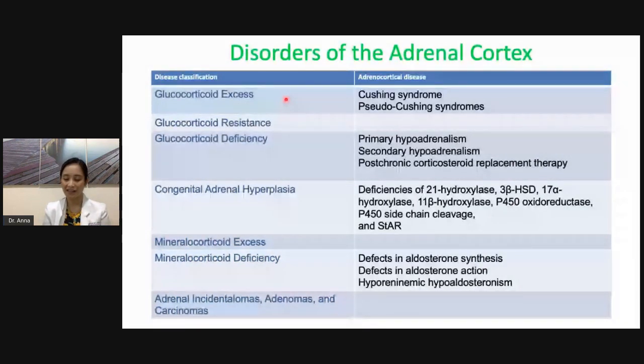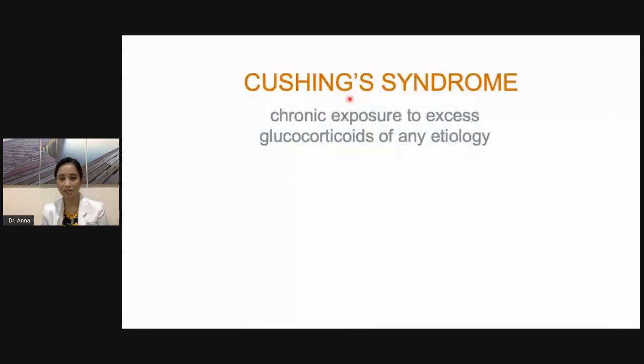In this case, we'll be talking about your Cushing syndrome. Cushing syndrome is a constellation of signs and symptoms caused by chronic exposure to excess glucocorticoids of any etiology.